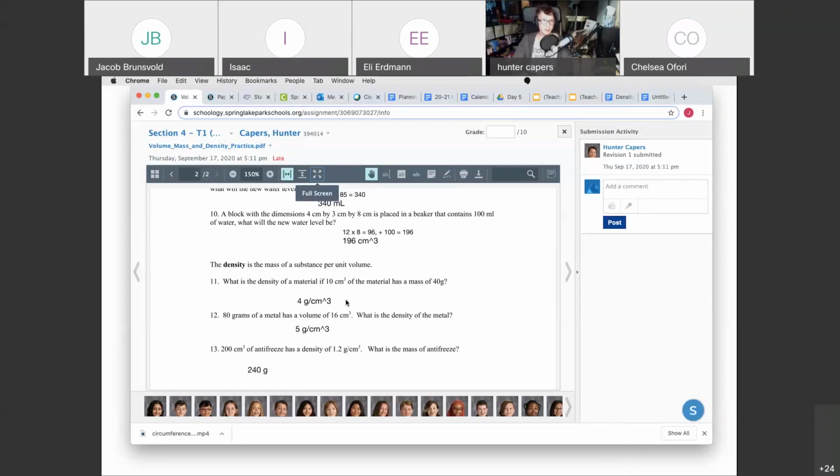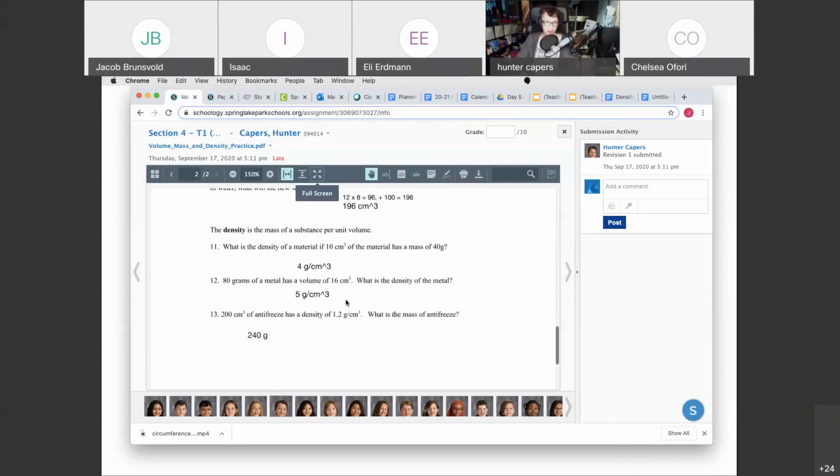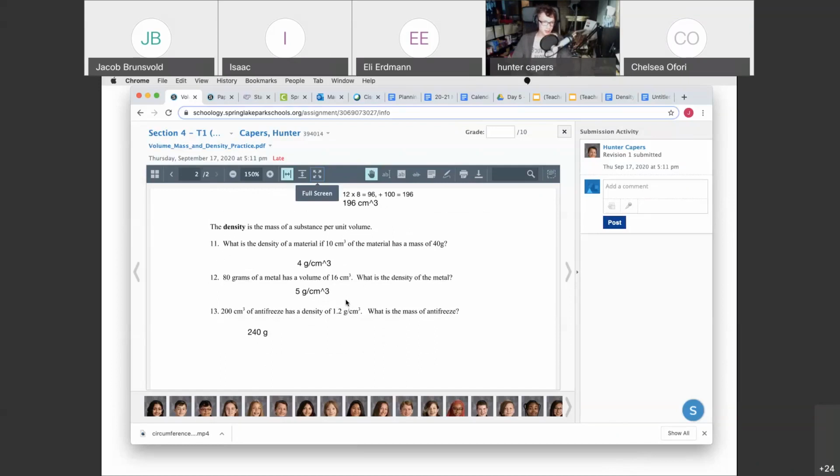For these simpler ones, I usually just do them in my head. Like, there's no extra steps. So I understand, but on formative work especially, I would really like it if you just showed work whenever possible. It's just a good habit to get into. Okay. So you did the same thing with 12.